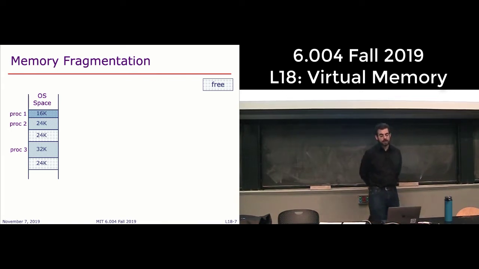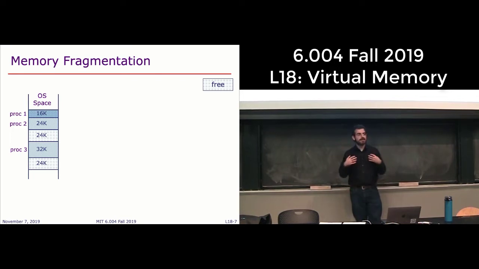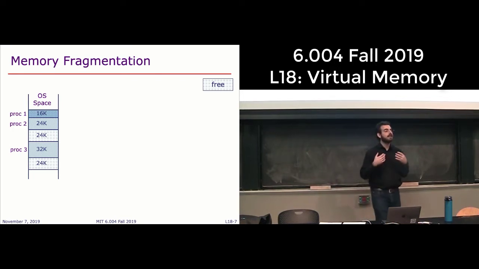Essentially what happens is that as processes are created and they change their memory allocations and they finish, physical memory becomes fragmented. Let's see this with a concrete example.